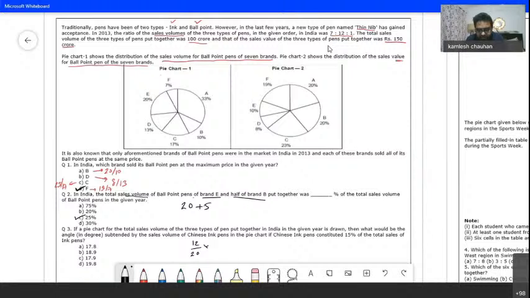And out of this, we have 15% of this Chinese pen. We have to multiply with 360 to get the answer. If we calculate, we'll get how much? 9 into 32.24. Wait a second, there's something else missing.